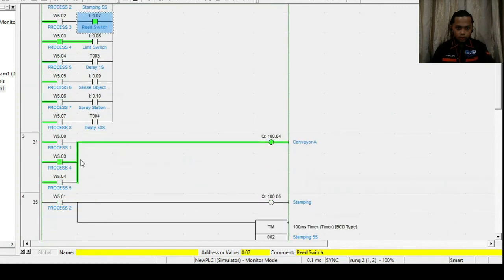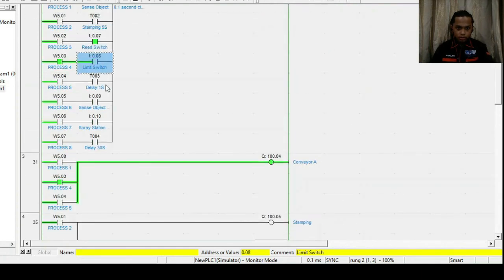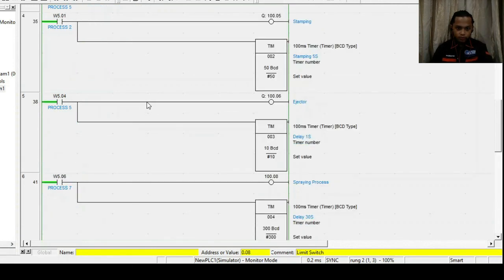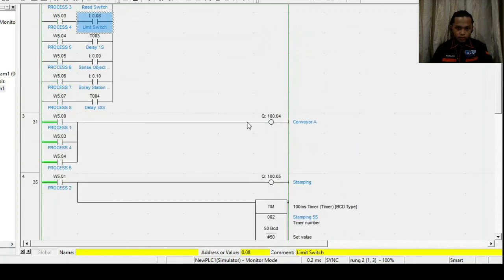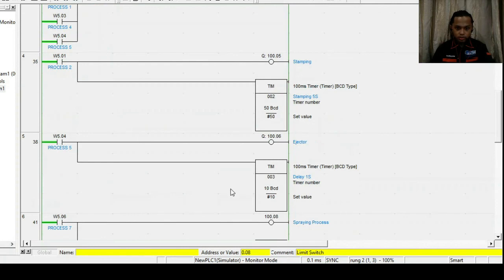Then conveyor A will continue until process 4, where the limit switch is touched. Then the limit switch touches, and process 5 is the ejector for 1 second, so it's very short.